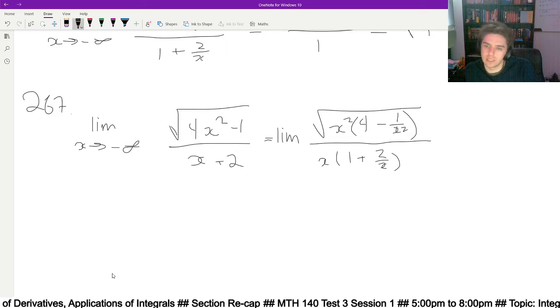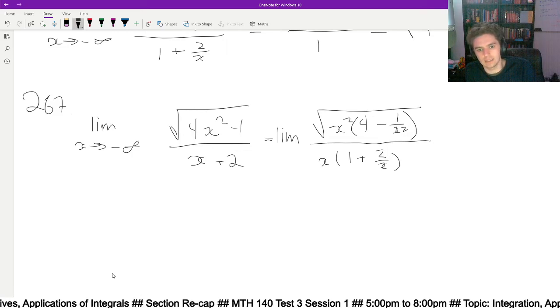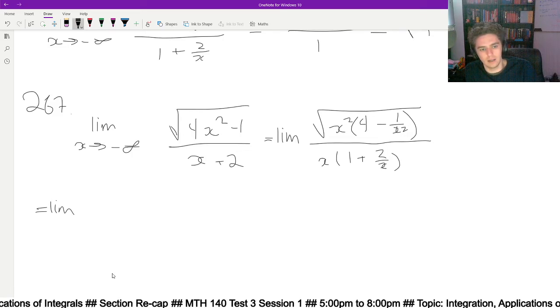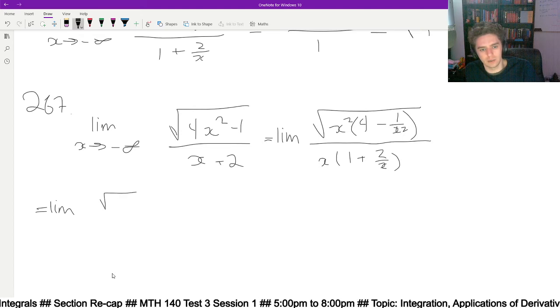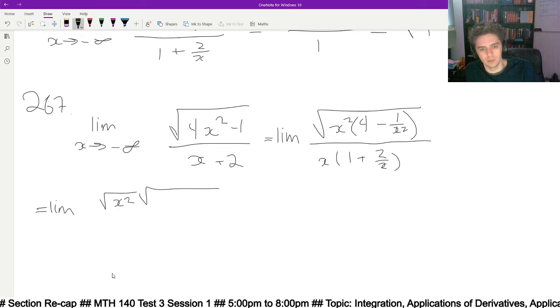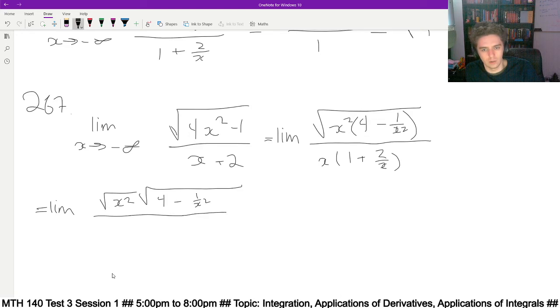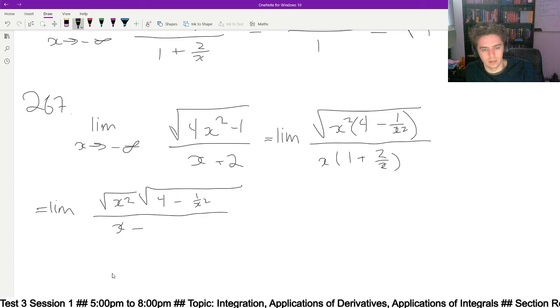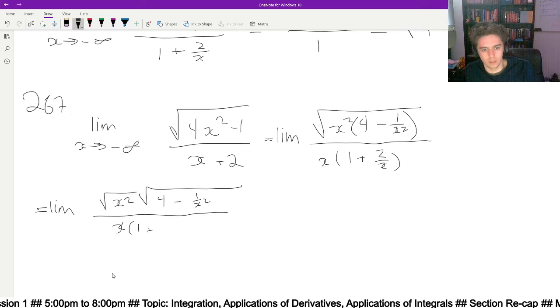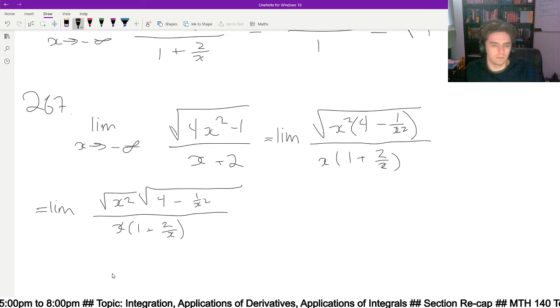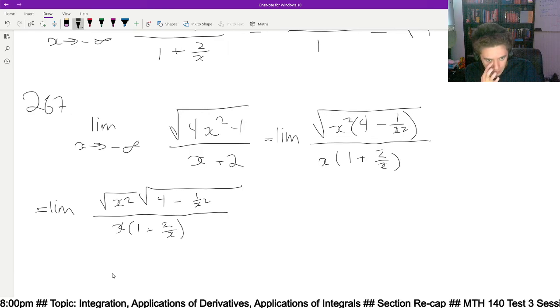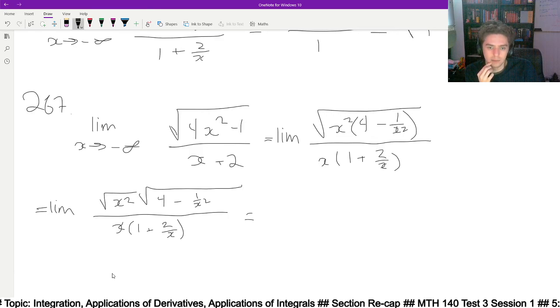Now I can pull that x out. So that's the square root of x squared times root 4 minus 1 over x squared over x times 1 plus 2 over x. Now the square root of x squared is the absolute value of x.